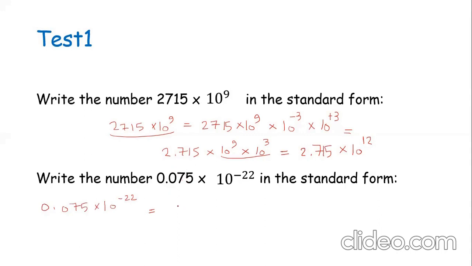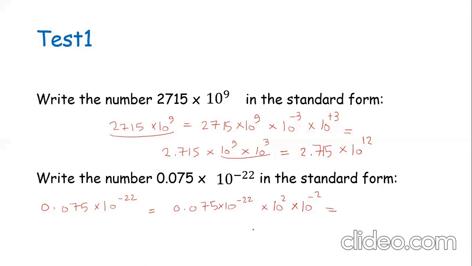So the first step we are going to do is multiply by 10 to the power of 2. And in order to keep this equality correct, we have to multiply by 10 to the power of minus 2, because as we said, those two, when multiplied by each other, will give us 1.